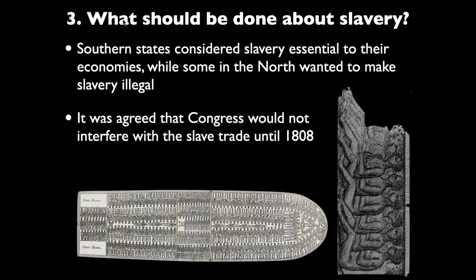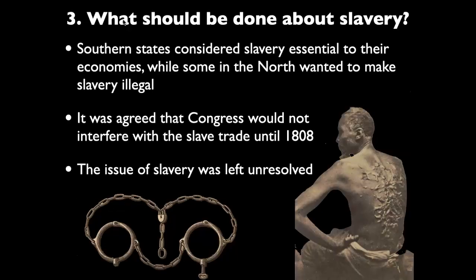And essentially, when it came to the Constitution, they just passed the buck. The only thing they really did was to agree that Congress would not interfere with the transatlantic slave trade for about a decade, until 1808. So this question of slavery is left unresolved by the Constitution, and of course won't be resolved until we get to the Civil War.